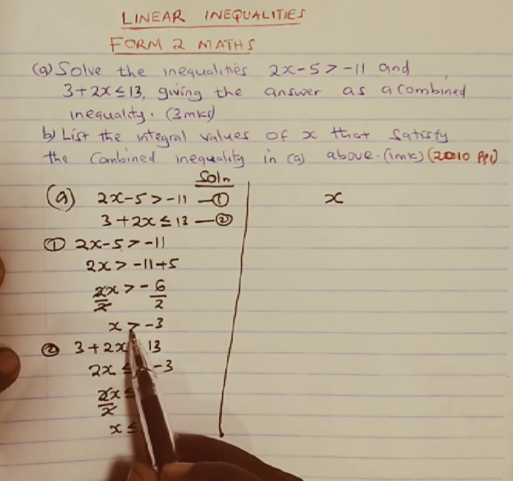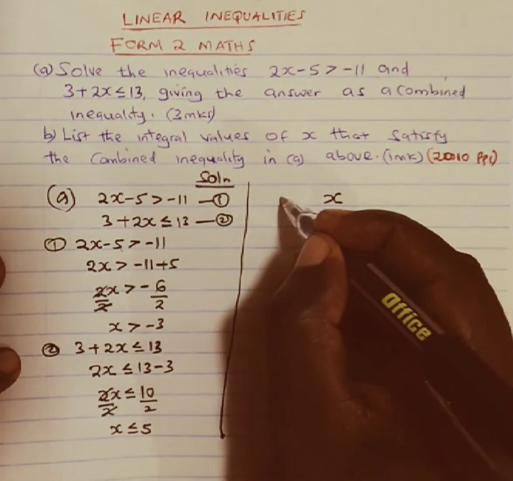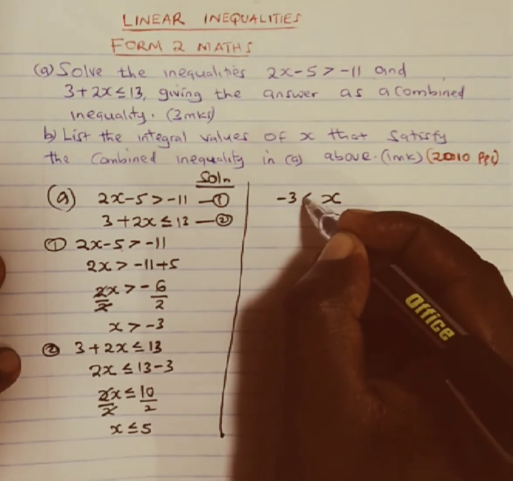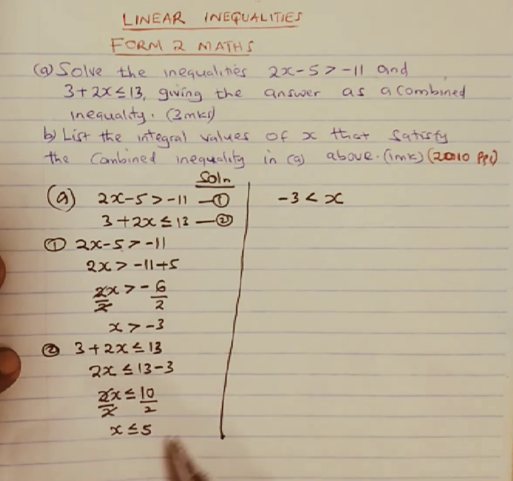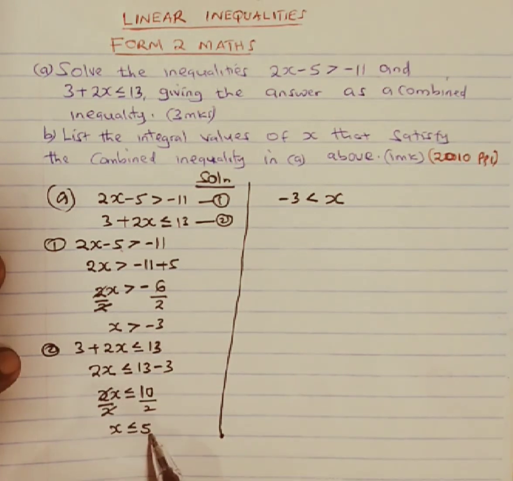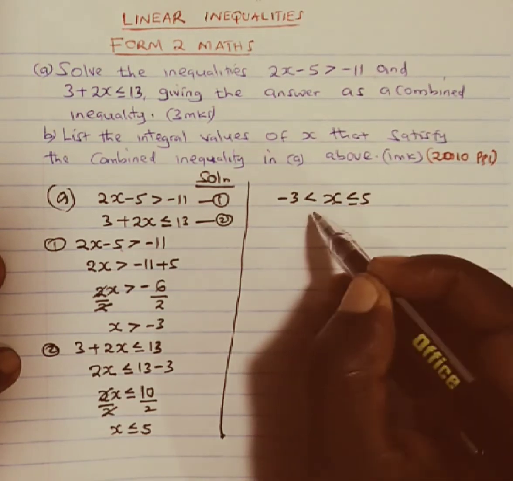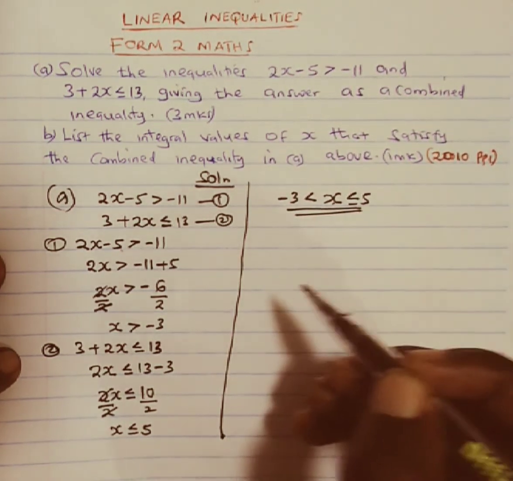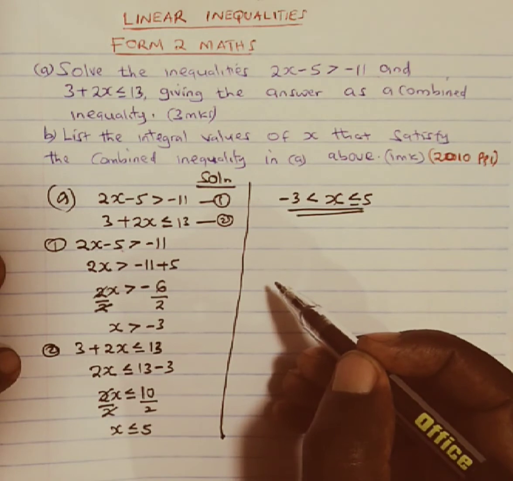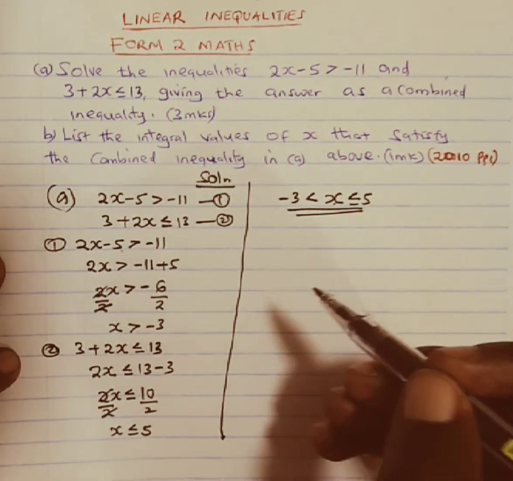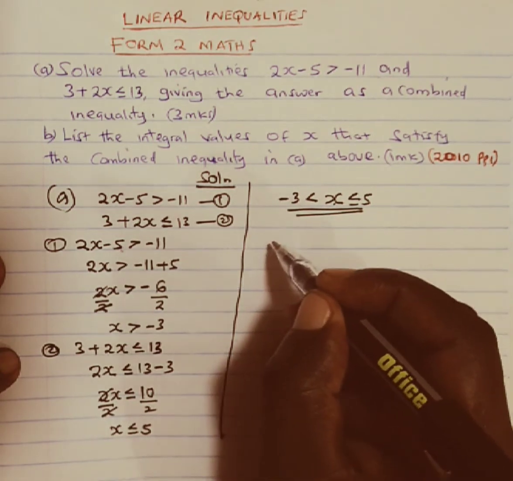And if x is greater than negative 3, it means negative 3 is less than x. And then we have x is less than or equal to 5. And this becomes the solution, or the combined inequality, for part A of this question.